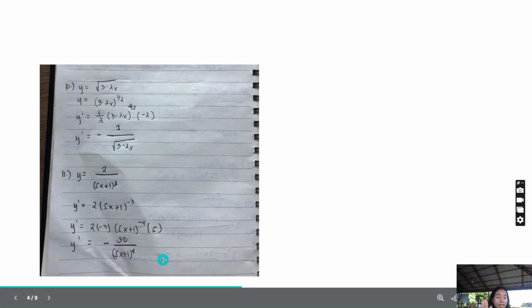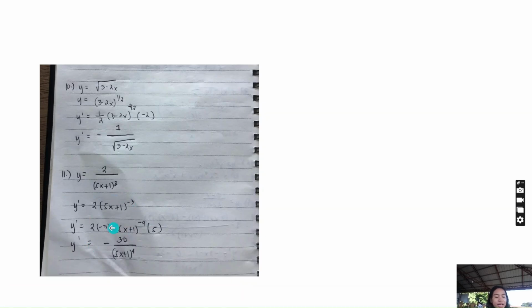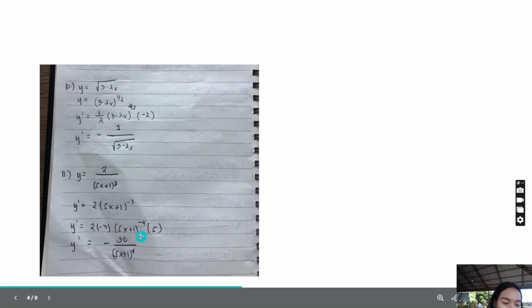Since we are applying the chain rule here, we will multiply negative 3 by 2, and then copy the inner function, and then subtract the power by 1, that turns to negative 4, and then get the inner function's derivative, which is 5.